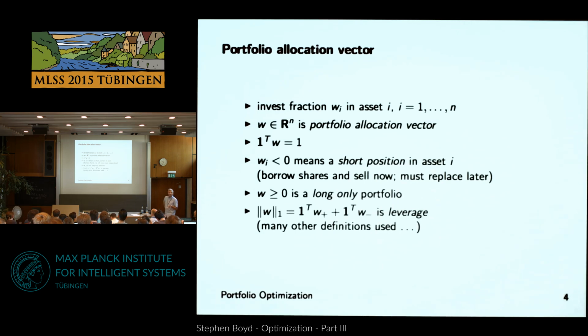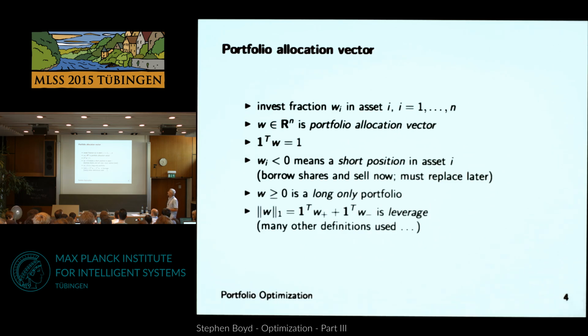When you have a negative allocation, it means you own a negative number of shares, and that's basically having a short position. A short position means you borrow shares and you have the obligation to return them later, which by the way turns out to be mathematically and in every other way exactly equivalent to owning a negative number of shares. If you haven't seen this before, it's just kind of cool to know about.